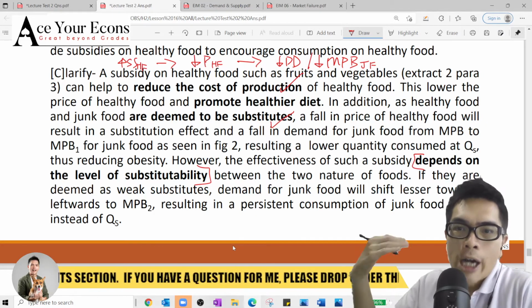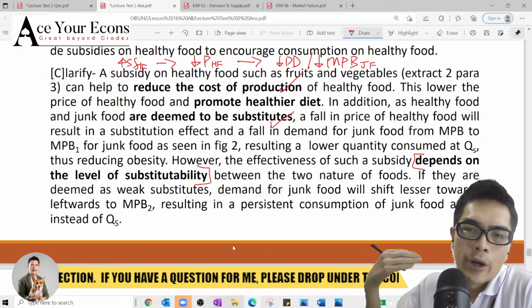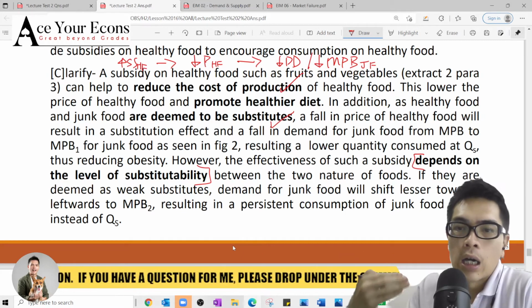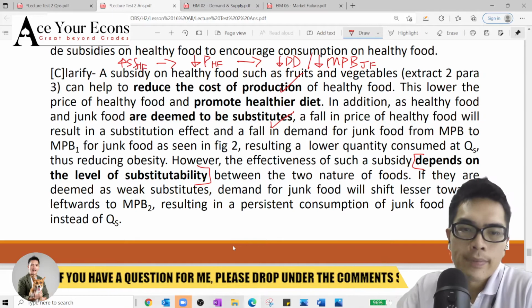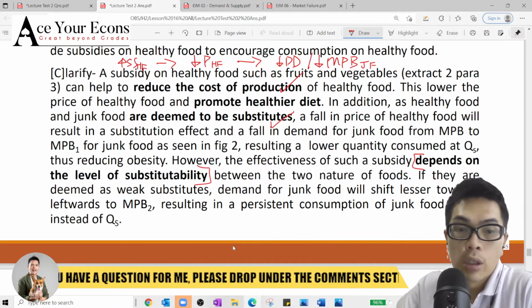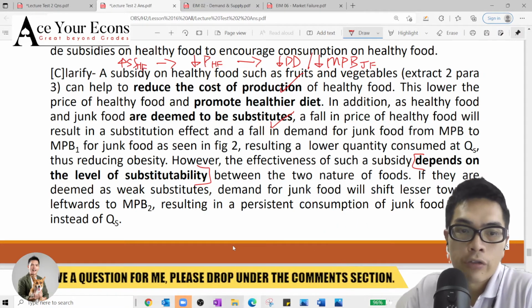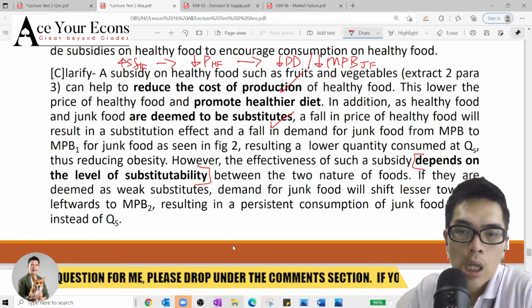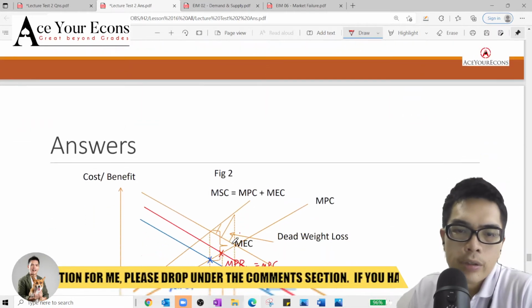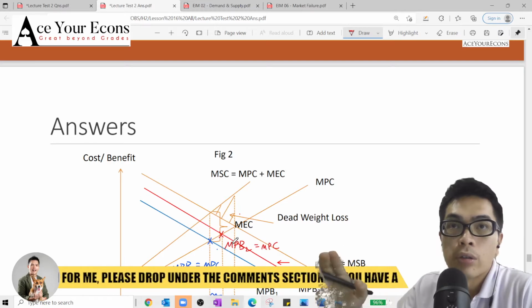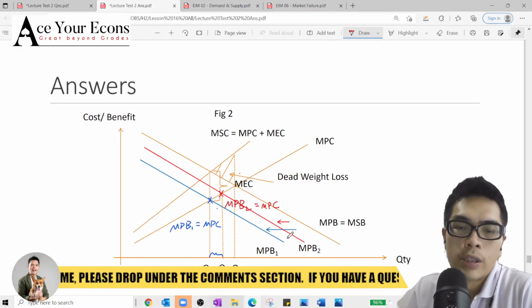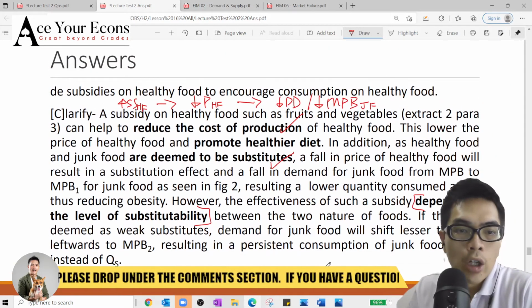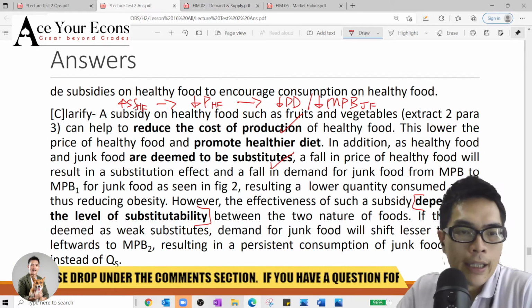So if junk food and healthy food are good substitutes, then it will fall to the blue. The extent of your demand curve shifting will be all the way to the blue. If they are weak substitutes, then your demand is going to shift less to the left, resulting in the red. So the concept that is tested is under the limitation.